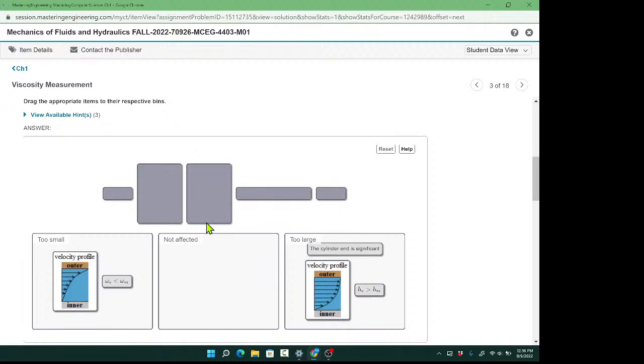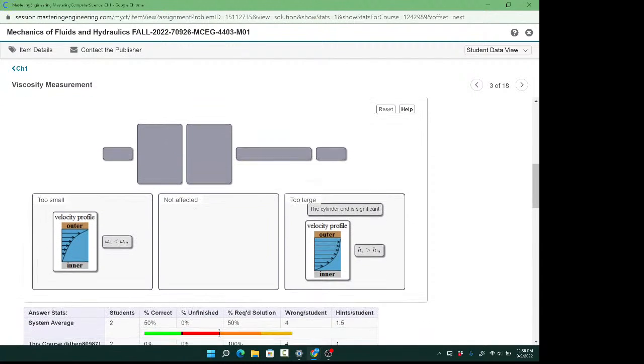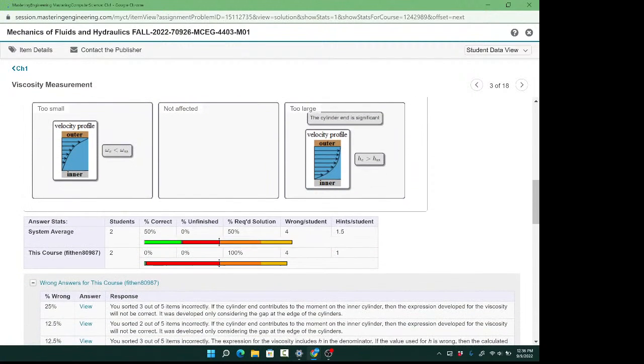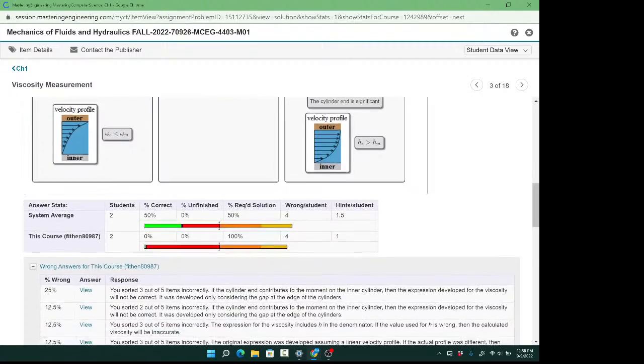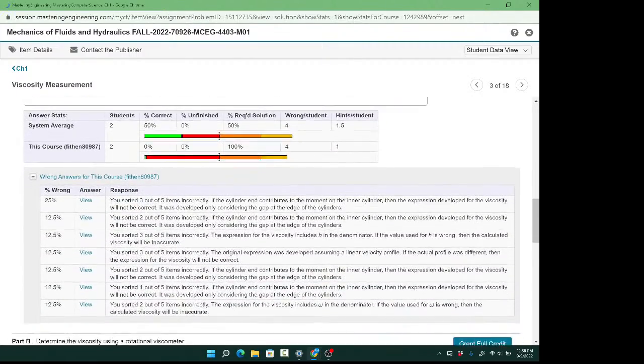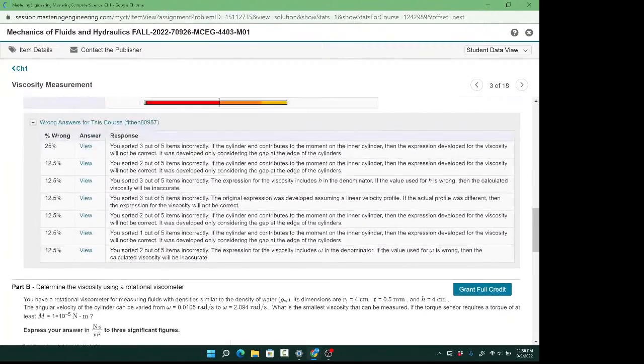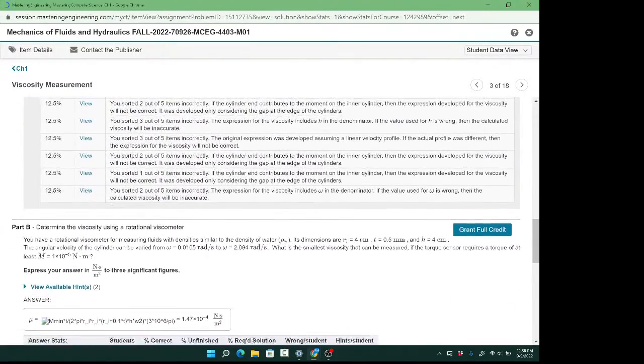So you probably have to drag it. And this is the answer, but he gives those, and I can't figure out how to do those. And comparatively speaking, in general, students around the country don't do as well on this.